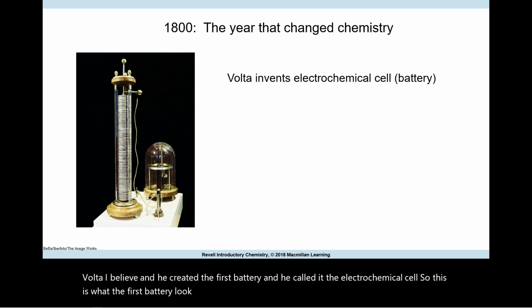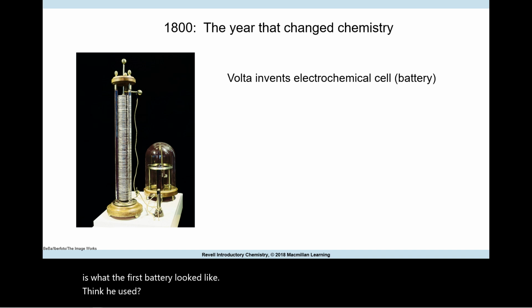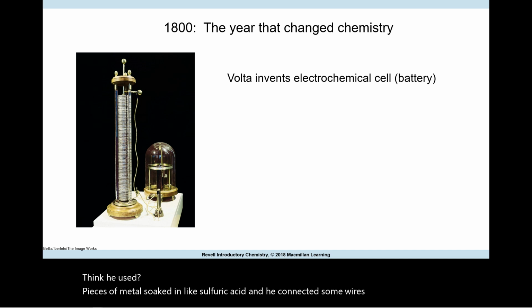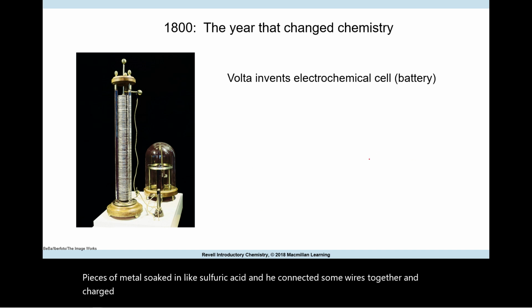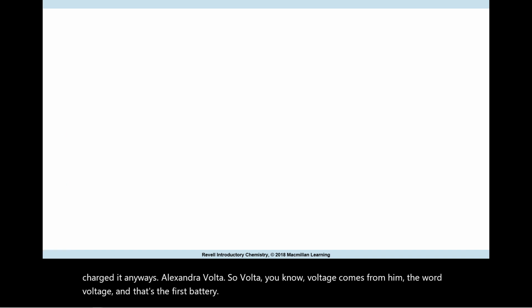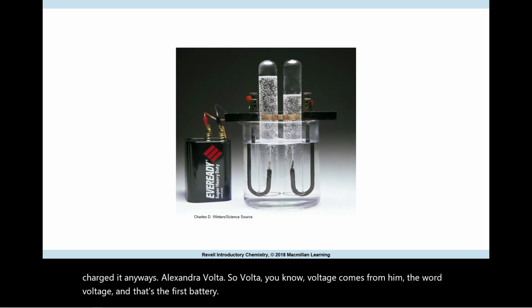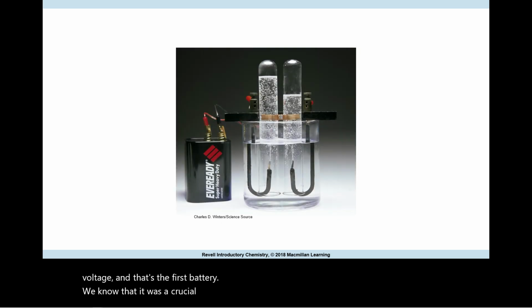I think he used pieces of metal soaked in like sulfuric acid, and he connected some wires together and charged it. Anyways, Alessandro Volta. So voltage comes from him, the word voltage, and that's the first battery. We know that it was a crucial milestone.